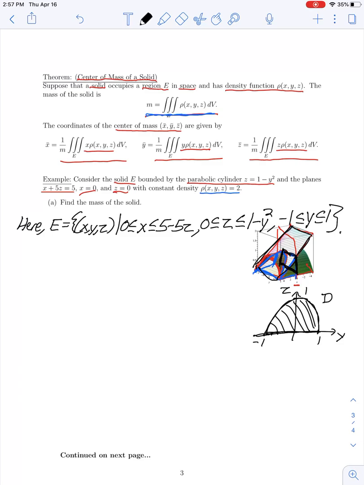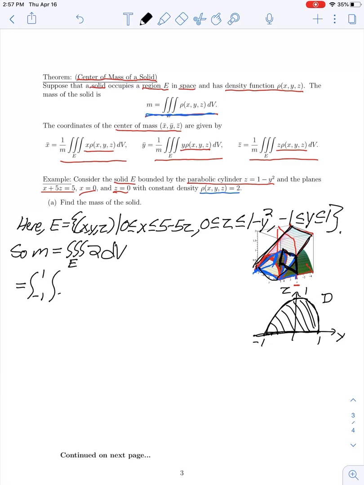And so to find our mass for this region, we would evaluate the triple integral over E of the density function, which is a constant 2, with respect to volume. So setting this up as a triple integral, our outer integral would be with respect to y from -1 to 1.